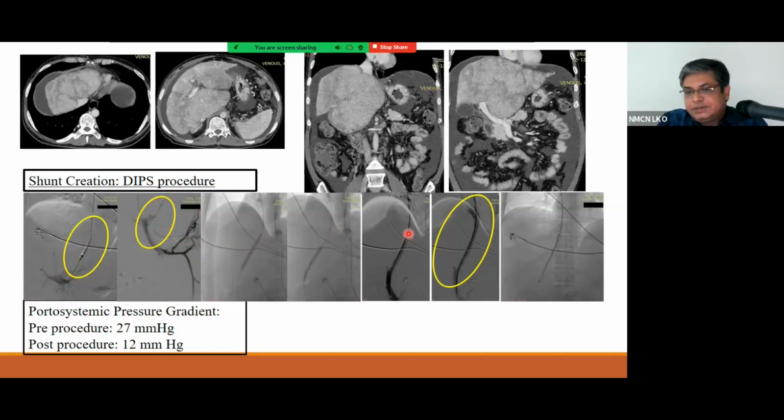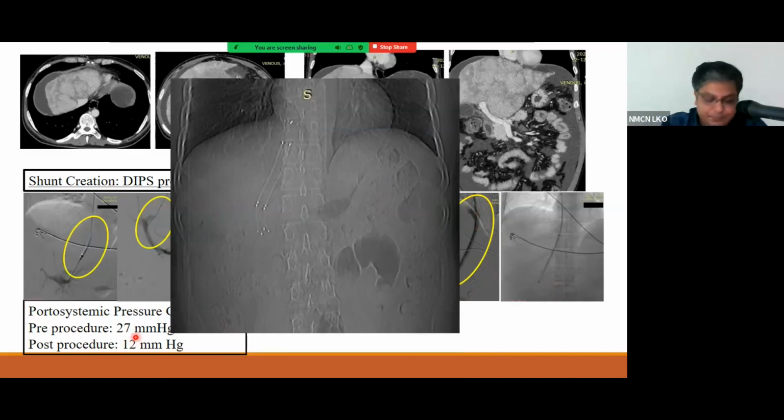After balloon dilatation, a 10 mm diameter stent graft assembly was placed across the parenchymal tract from IVC to portal vein with reconstitution of forward flow, antegrade flow from portal vein to IVC by a low resistance pathway.